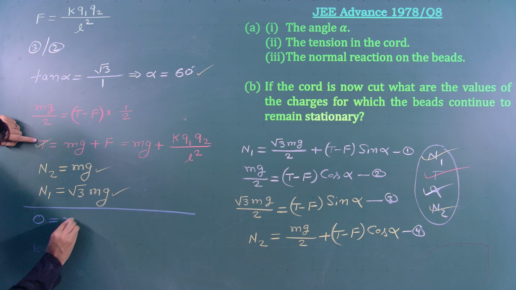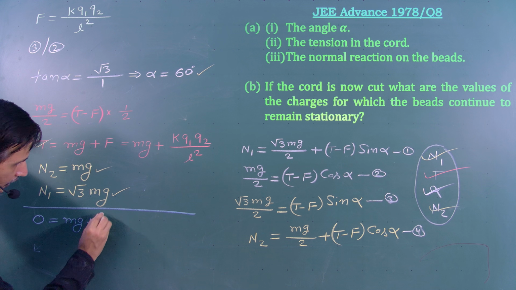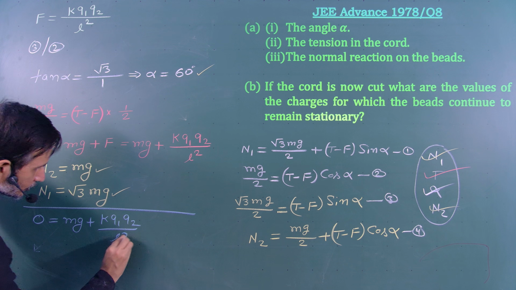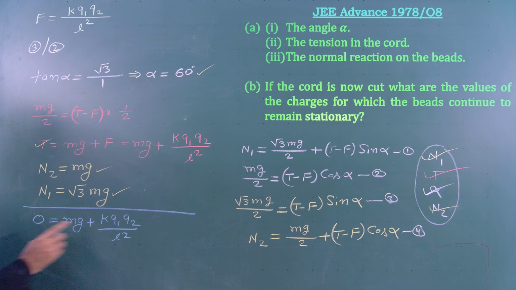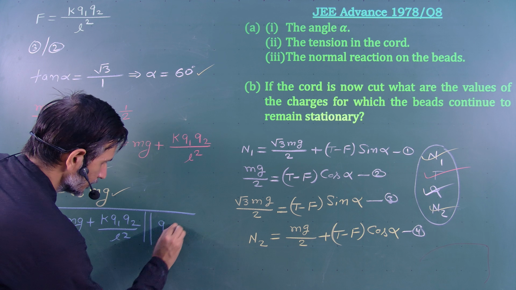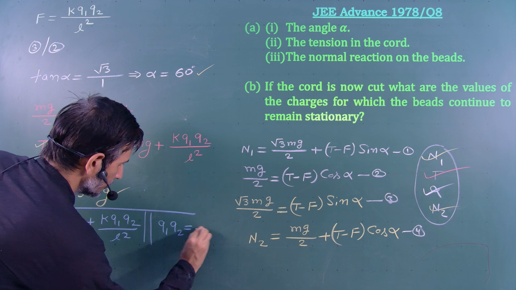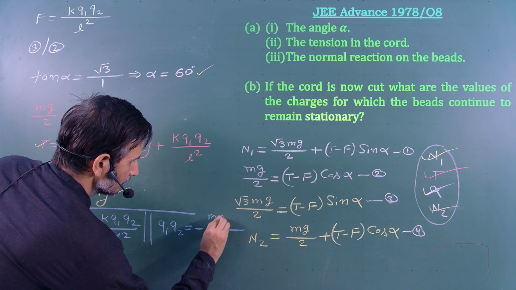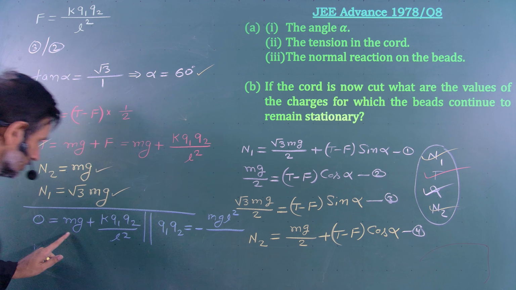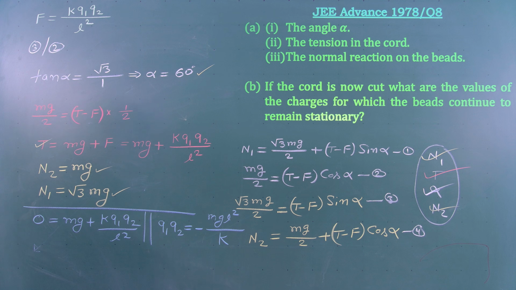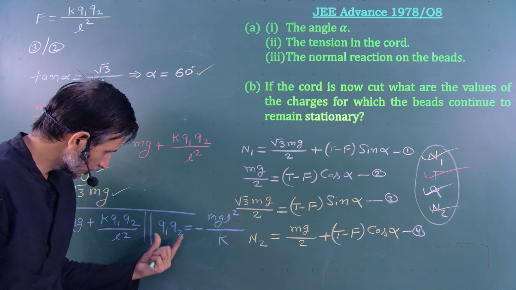It means mg plus K Q1 Q2 by L square, the sum of these two forces, must be 0. That is, Q1 Q2 equals minus mg L square divided by K.